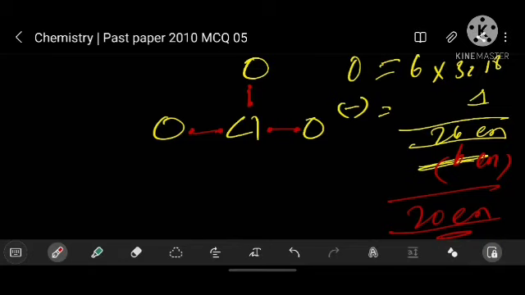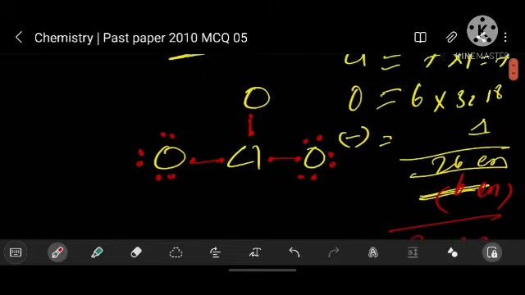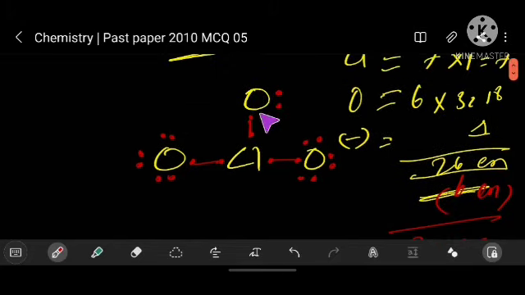For this oxygen, it has 2 electrons already, so I have to distribute 6 electrons to fulfill the octet. 1 2 3 4 5 6. And the same for the other oxygens.